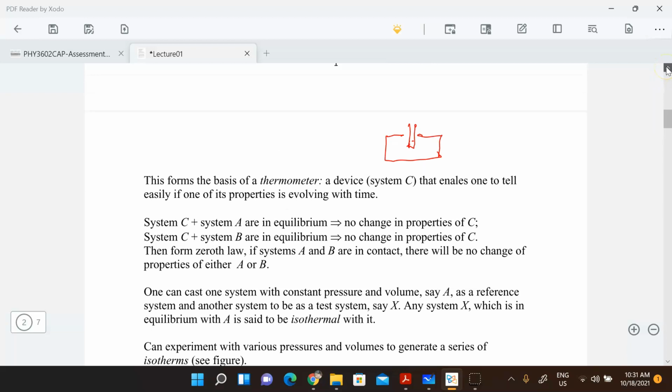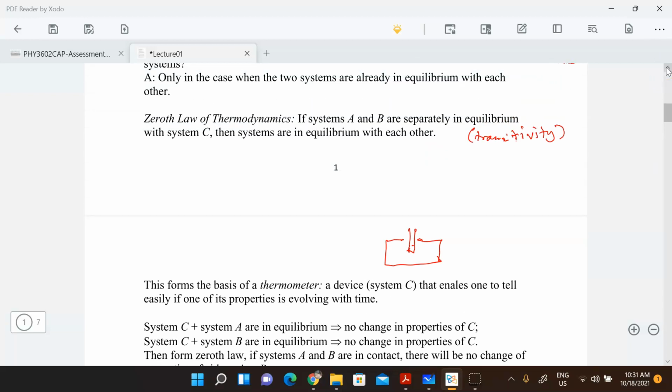So in other words, the zeroth law talks about how two systems in equilibrium with a third are also in equilibrium with each other. So that helps to define what we call a thermometer, which is like your system C in this case.